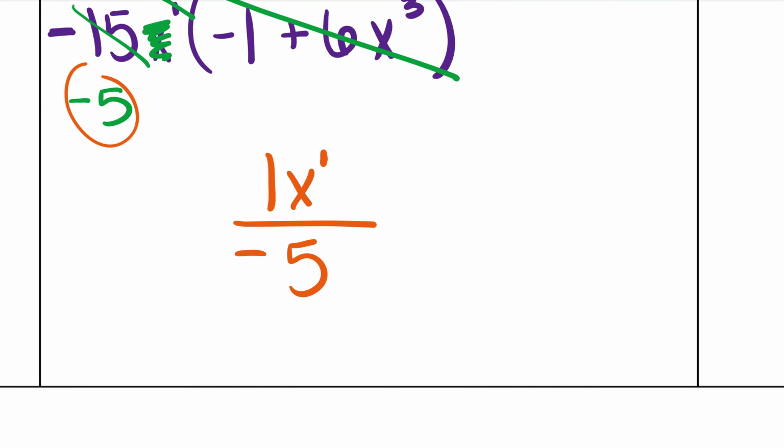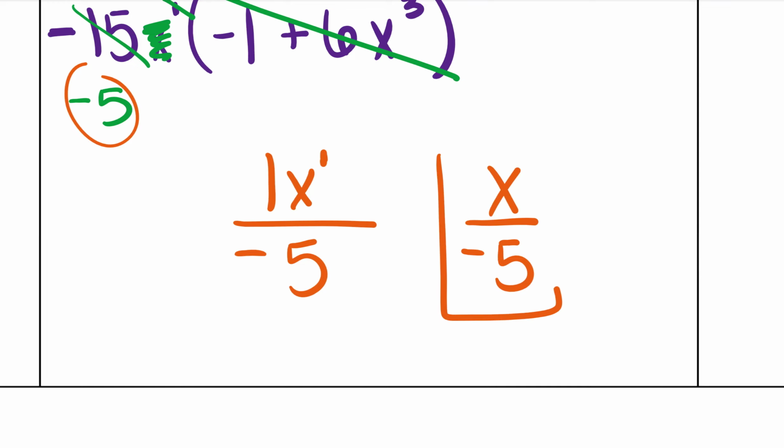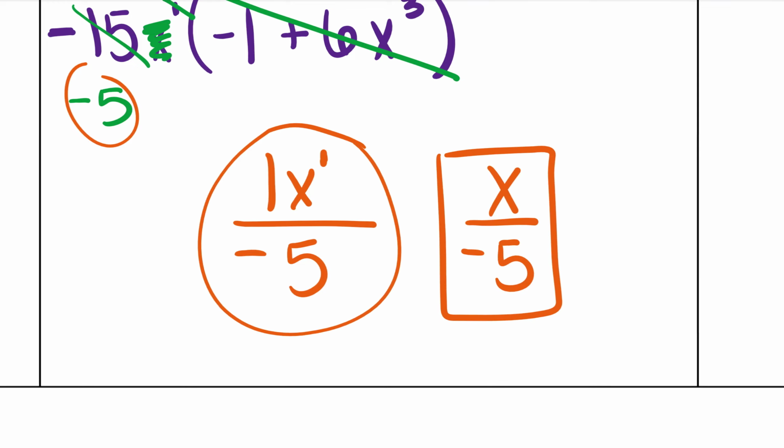If I want to rewrite that, I can just write x over negative 5. You can leave it like this, that's fine. It's still technically the same thing. You just don't need to write the 1 in the front, and you don't need to write 1 as an exponent. Most people don't write those because you don't have to, but you can if it helps. So my final answer would be x over negative 5.